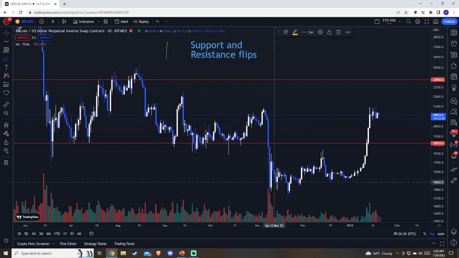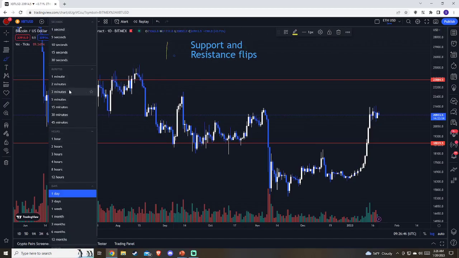So when reversals occur, a previous support becomes a resistance and previous resistances become supports. If you're looking at it from a day trading point of view, you can look as low as the 3-minute time frame, and then go up to the 15-minute, the 4-hour, and then the daily when you're looking at maybe validations or invalidations.